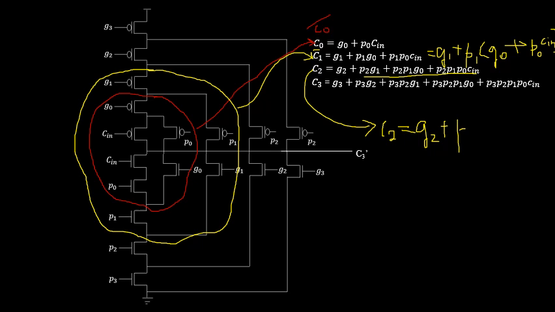So consider P2 outside the bracket and multiply it with G1 plus, here P2 I have considered outside the bracket, so it is P1 multiplied with G0, last term it is P1 multiplied with P0 multiplied with Cin. Close the brackets.